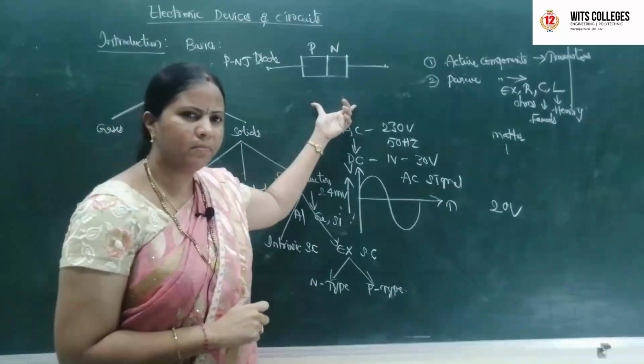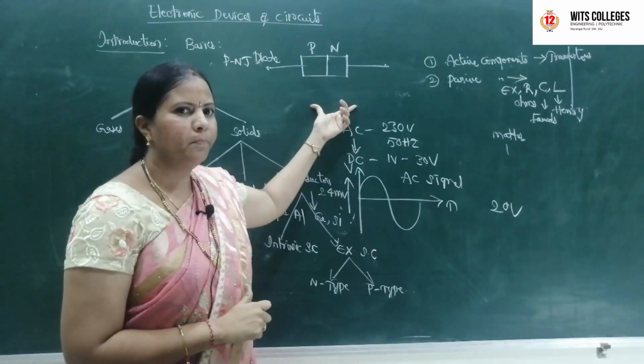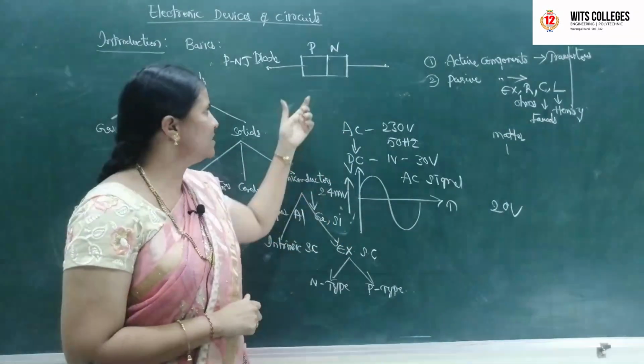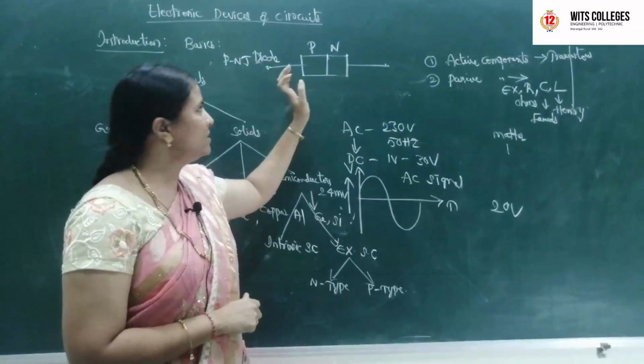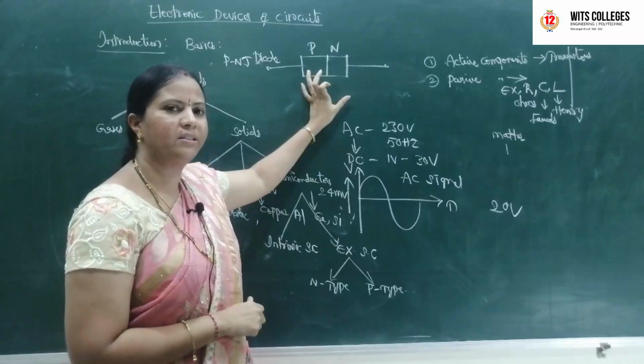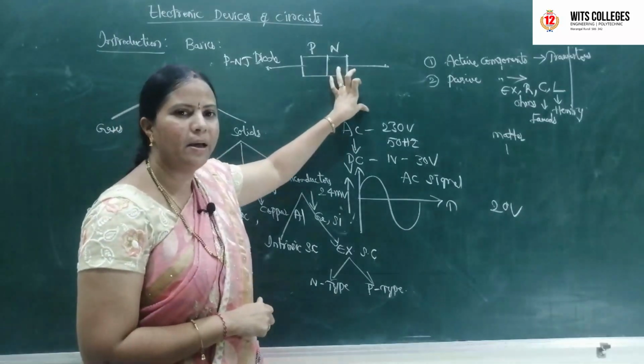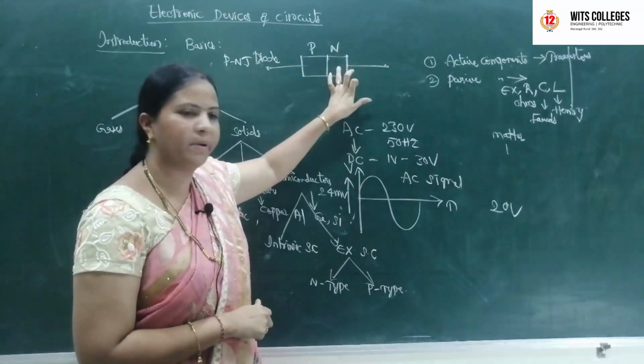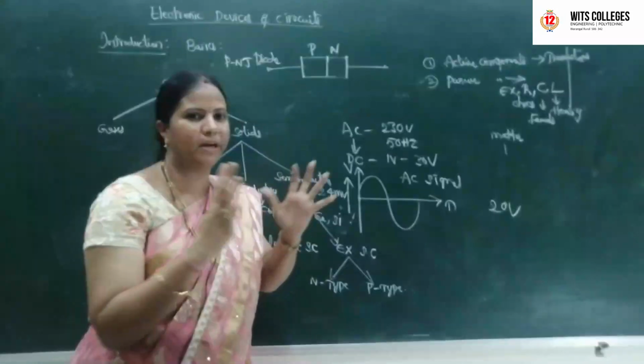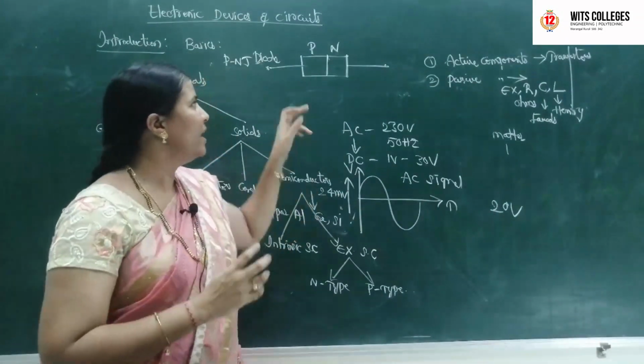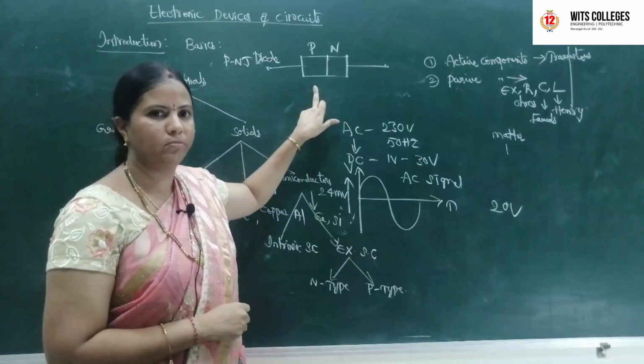If you take some extrinsic semiconductor, on one side you add trivalent impurities and on the other side pentavalent impurities, like N-type semiconductor. When you join these two semiconductor materials, it forms the PN junction diode.